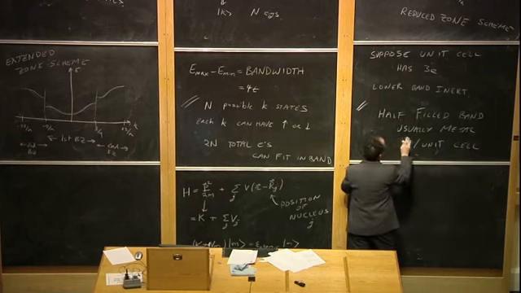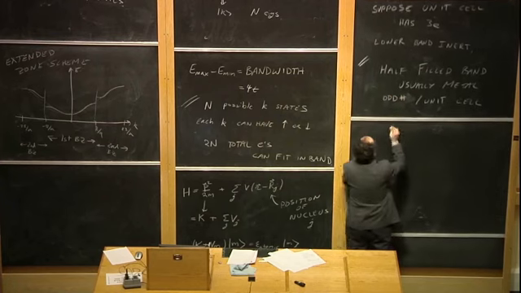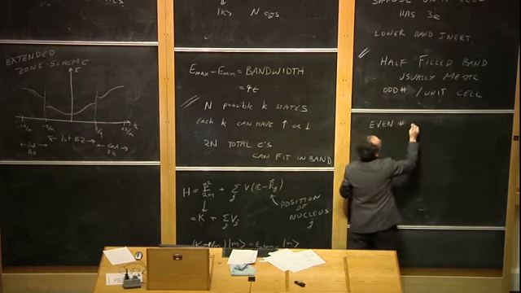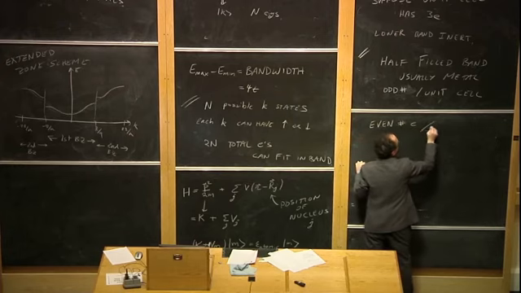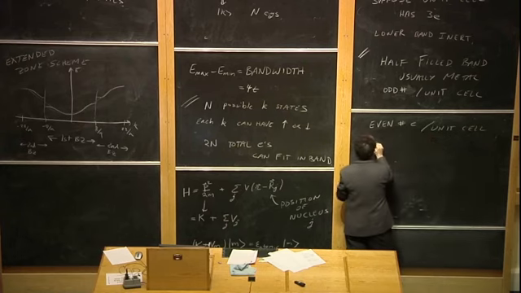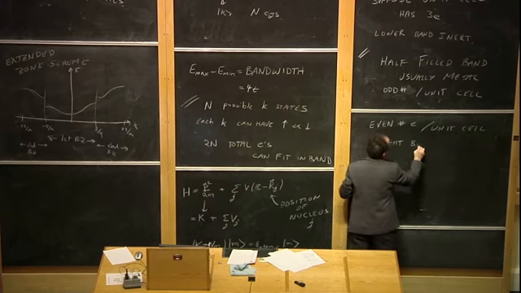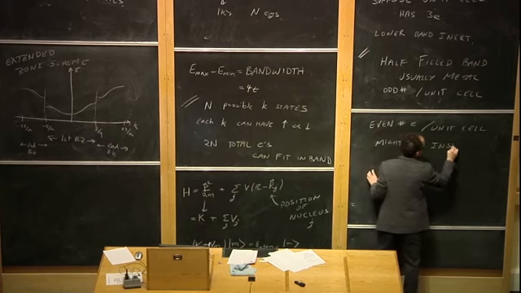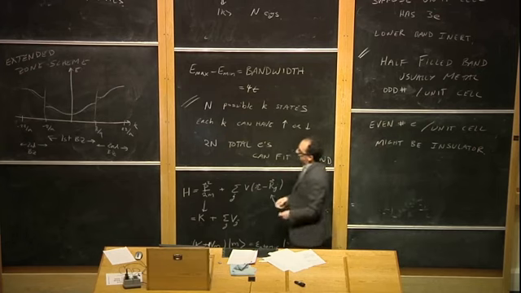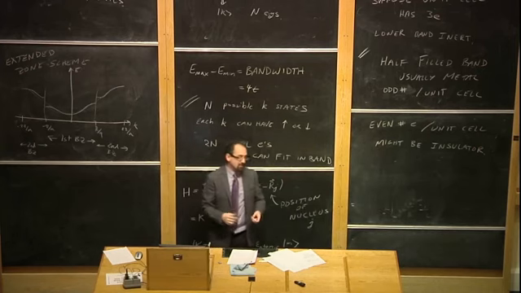So maybe I'll say odd number of electrons per unit cell. Whereas for an even number of electrons per unit cell, you might think that this might be an insulator, because you would completely fill bands, and then you have just an inert situation.